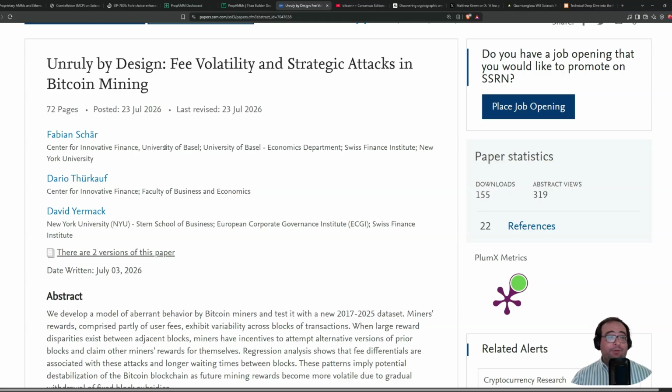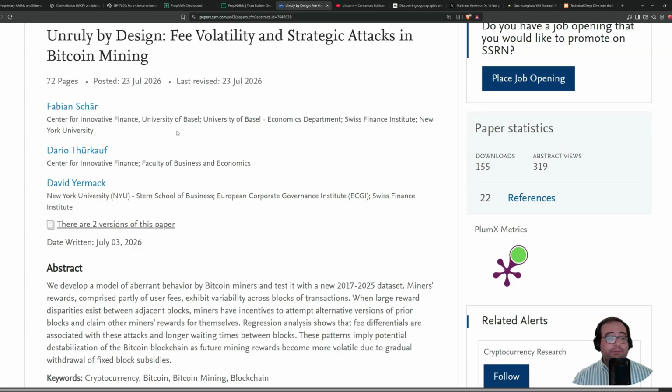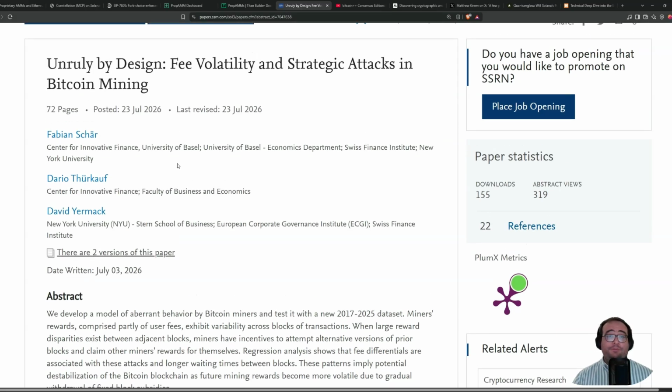Now, the problem here, studied by the paper, is the impact of fee volatility, because the idea is that if one block has very high transaction fees, and the next block is supposed to have extremely low transaction fees, that's what you expect, maybe instead of building on the block with high fees that was mined, it's more profitable to remine that block with high fees and then mine the following block.